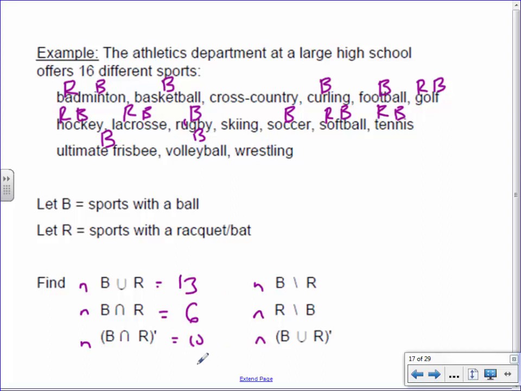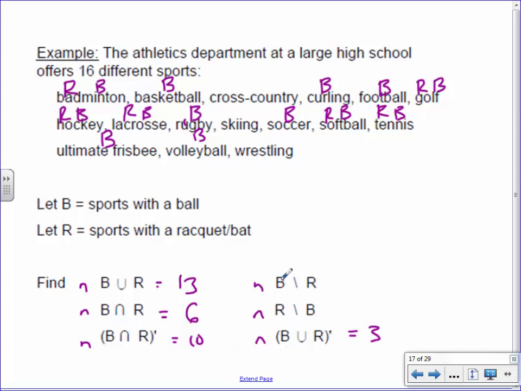That makes sense to you guys? But then this one is 3, because this is all the ones that are either a basket, a ball, or a racket, and then the opposite of those. So these are the ones that I've left blank. So this would be cross-country skiing and wrestling. Can you guys see the difference between the two here? Yeah. It's subtle, but that's where, if you're going to get caught on anything, it's something like this that you're going to miss.